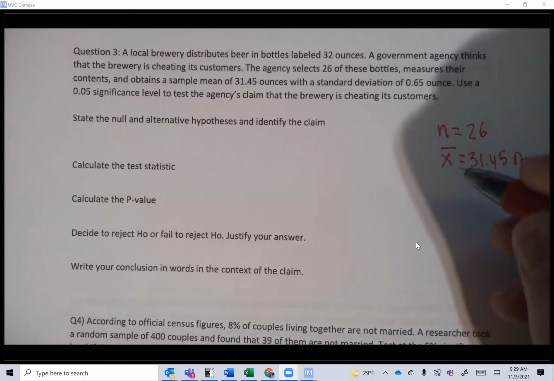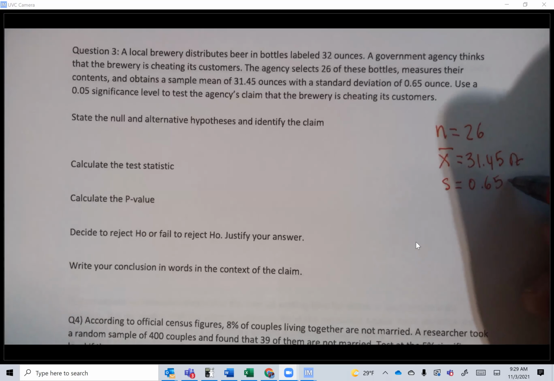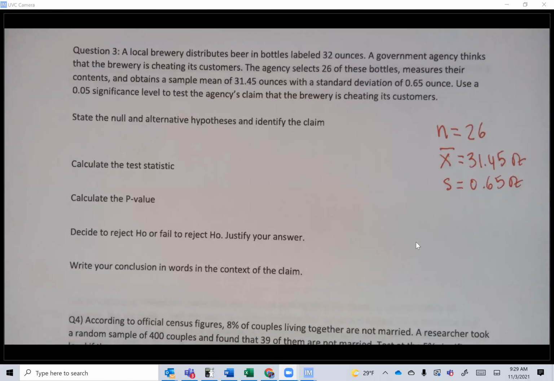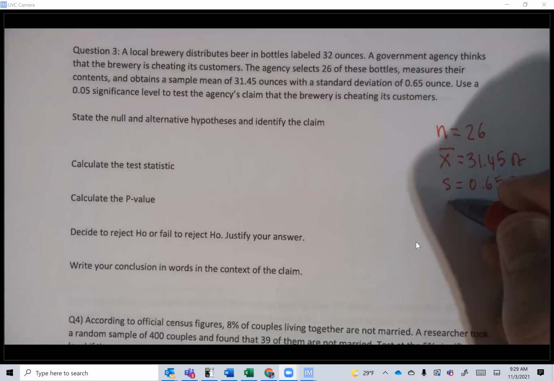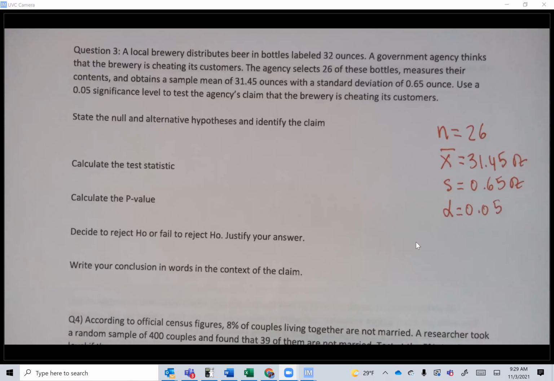He didn't say population standard deviation, so it's s, guys, 0.65 ounces. Use an alpha 5% significance level, 0.05, to test the agency claim that the brewery is cheating its customers.